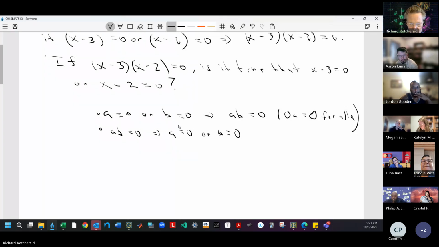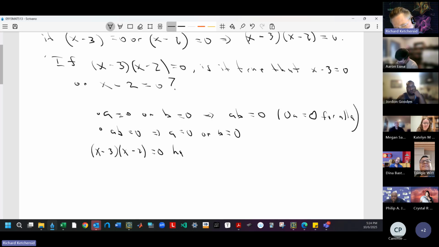So I do 5, then I get 2 times 3. So, okay, x minus 3 times x minus 2 equals 0 has solutions x equals 0, x equals 5, x equals 3, x equals 2.